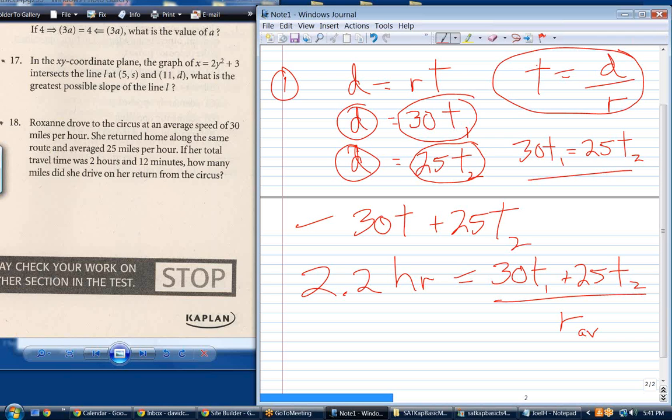I don't know why this is giving me trouble. I'm trying to think of what. We know the total distance. We know it took 2.2 hours to go 30t sub 1 plus 25t sub 2 all over our average.